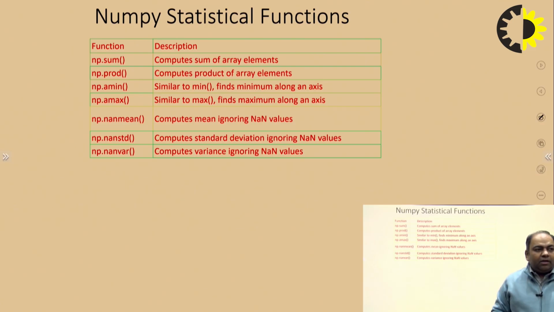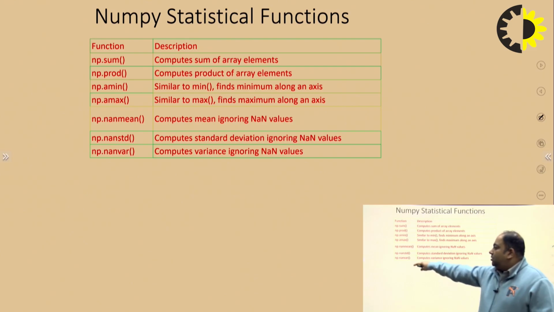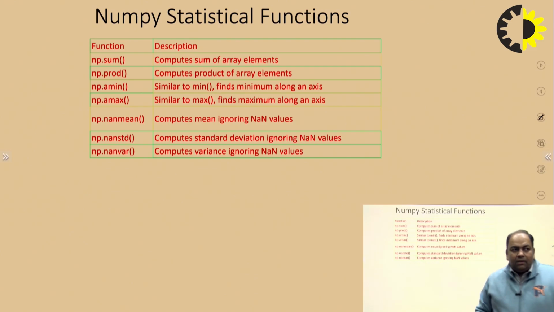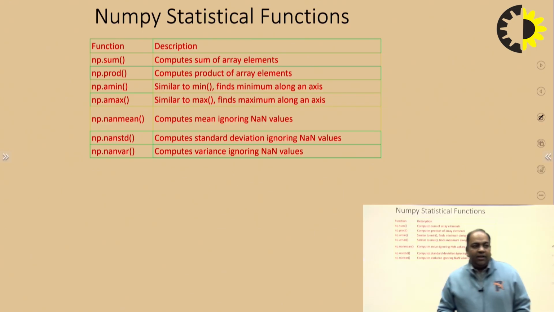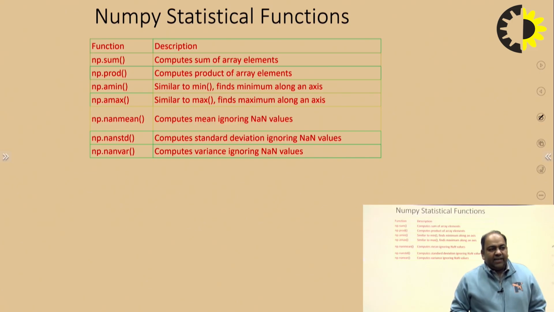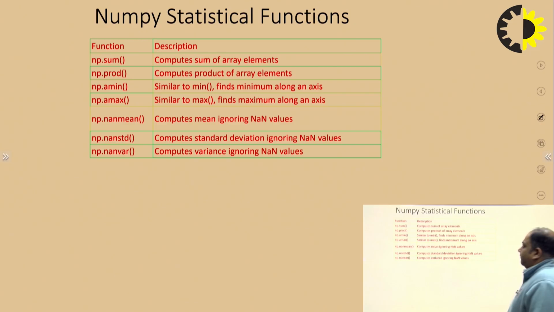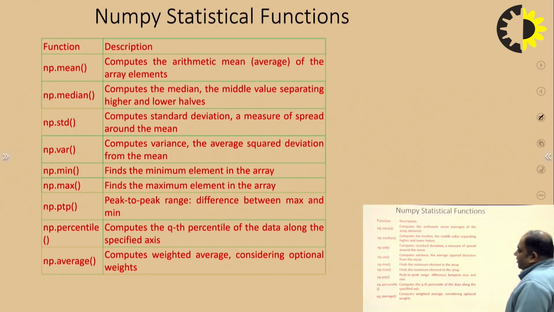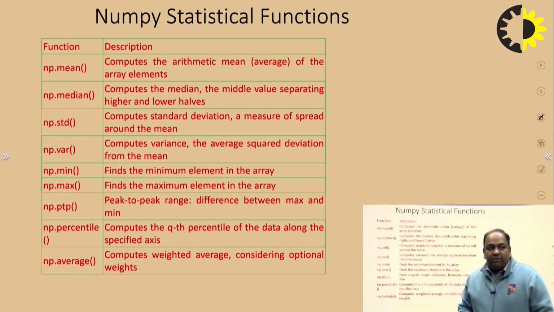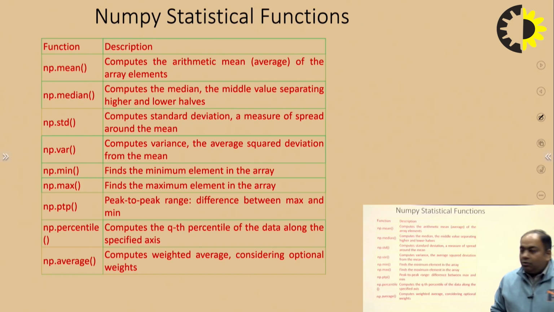And for variance ignoring NaN values, we use np.nanvar. So nanmean, nanstd and nanvar are used for computing the mean, standard deviation and variance from the given values in an array by ignoring not a number values. So these are the statistical functions which we use directly by using the names of those functions or the abbreviations of those functions in NumPy.